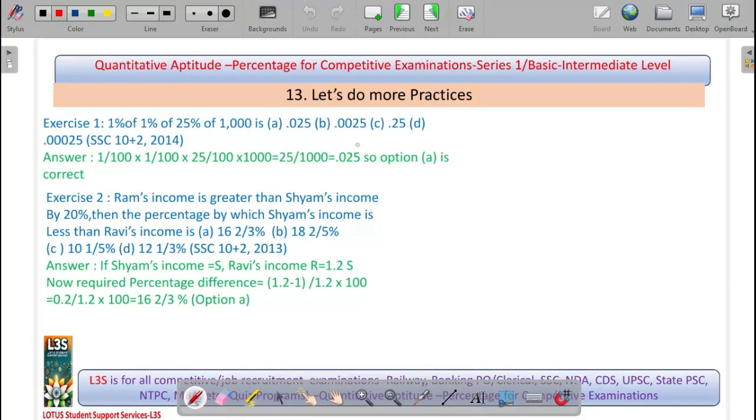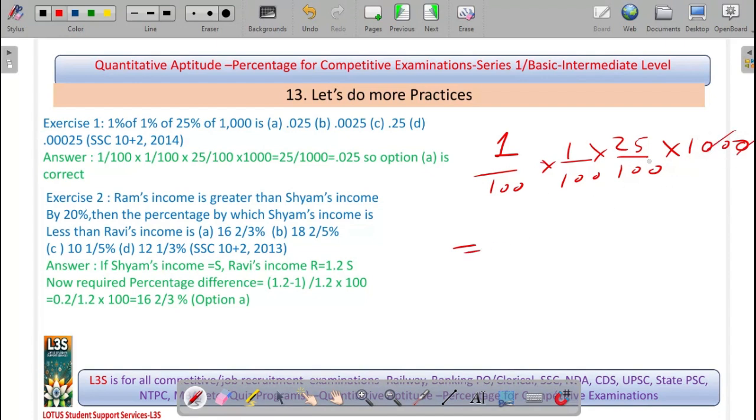If it is given like this, 1% of 1% of 25% of 1000, what you will do: 1%, so 1 by 100. Then again 1%, then 25% of 1000, into 1000. Whatever we'll get, that will be the answer.